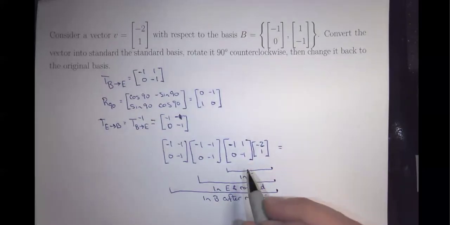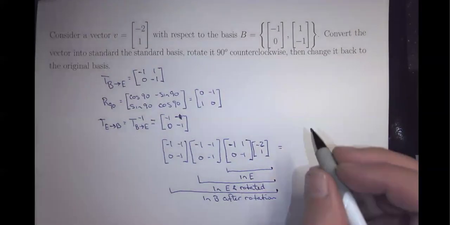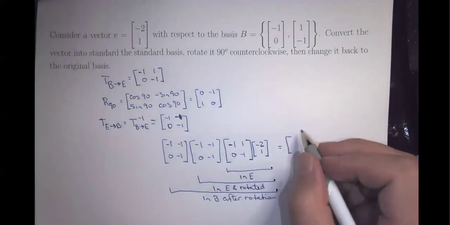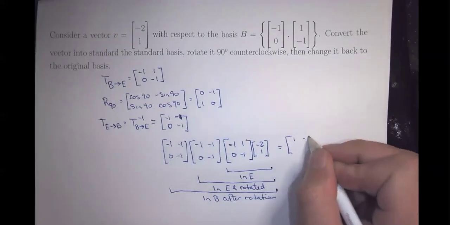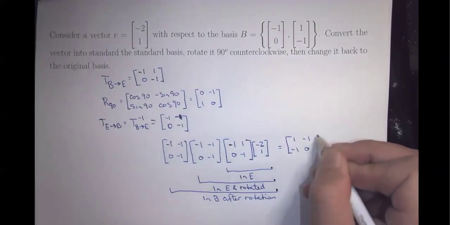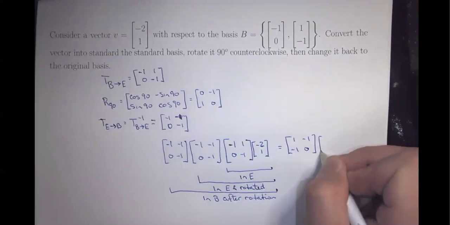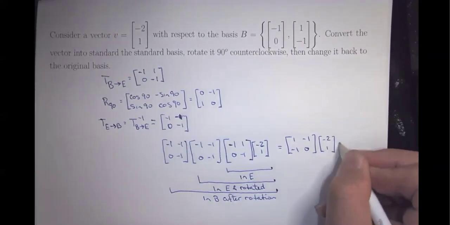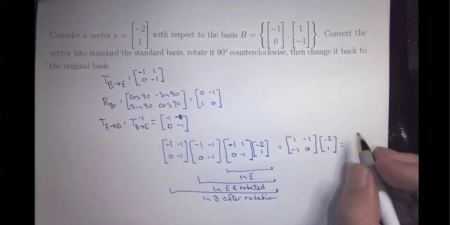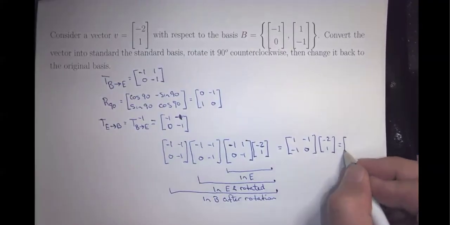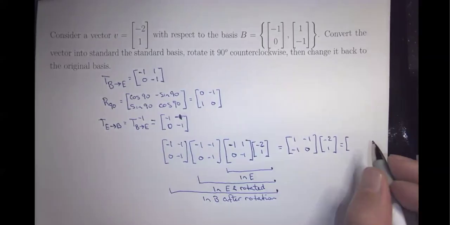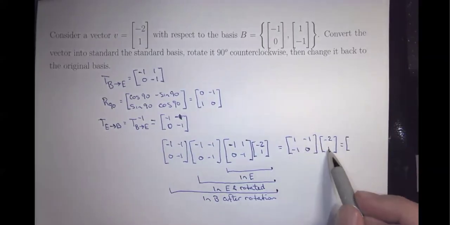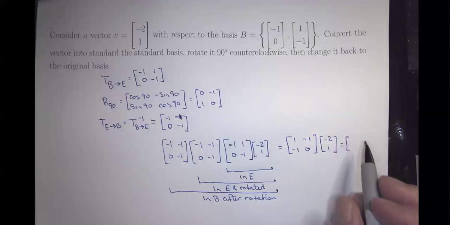And so multiplying all those matrices together, I would end up with 1, -1, -1, 0 times -2, 1, or that's -2 minus another 1.